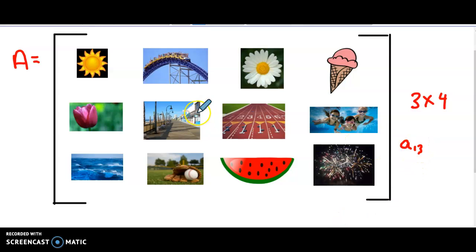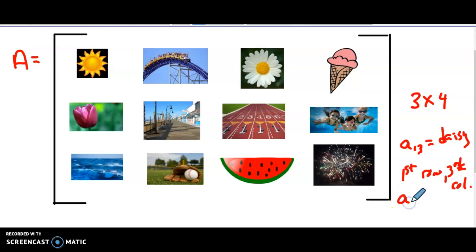Lowercase a makes me refer to matrix A. The 1, 3, that's not thirteen, that's a sub 1,3. That's the element that is in the first row, third column. So I go to the first row, third column. I know the a 1,3 element is a daisy. That's how we refer to each element.